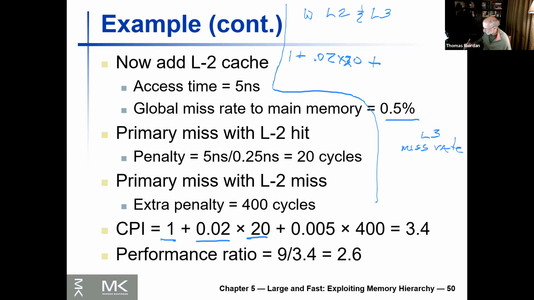So let's just say nominal is 4 times bigger than the L2. So our L3 is 4 times bigger than the L2, because that's kind of as small as you'd want to make it. So we'll get a conservative result here.